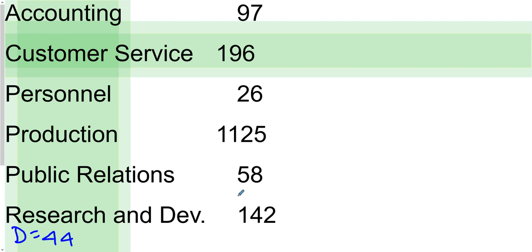Let's add this up. I have this just recording a screen, so my calculator is going to be off the side here.